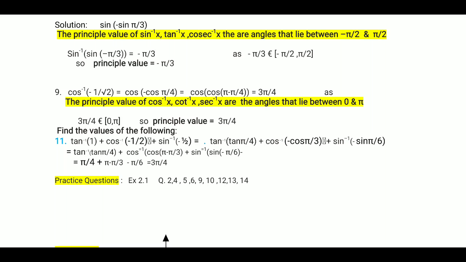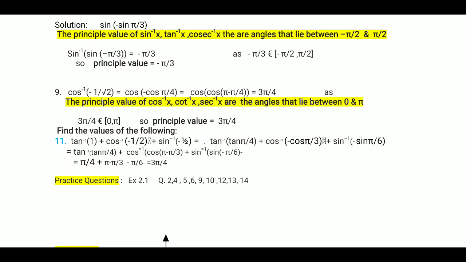Now this becomes tan inverse tan pi by 4 plus cos inverse cos of pi minus pi by 3, because cos inverse has its principal value branch 0 to pi, and negative cos will be in the second quadrant.